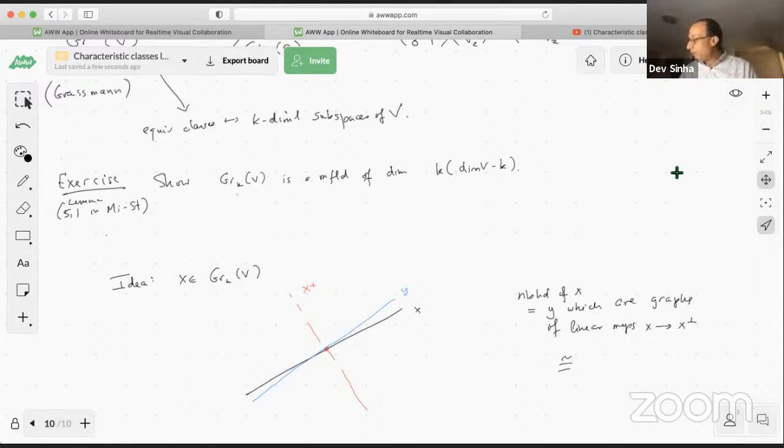So I'm free to use bases, and so that's isomorphic to matrices of rank n, which is K, the input, the linear map from X to X perp. The dimension of X is K, and the dimension of X perp is the dimension of V minus K. So, okay. So that's one key character, this Grassmannian.